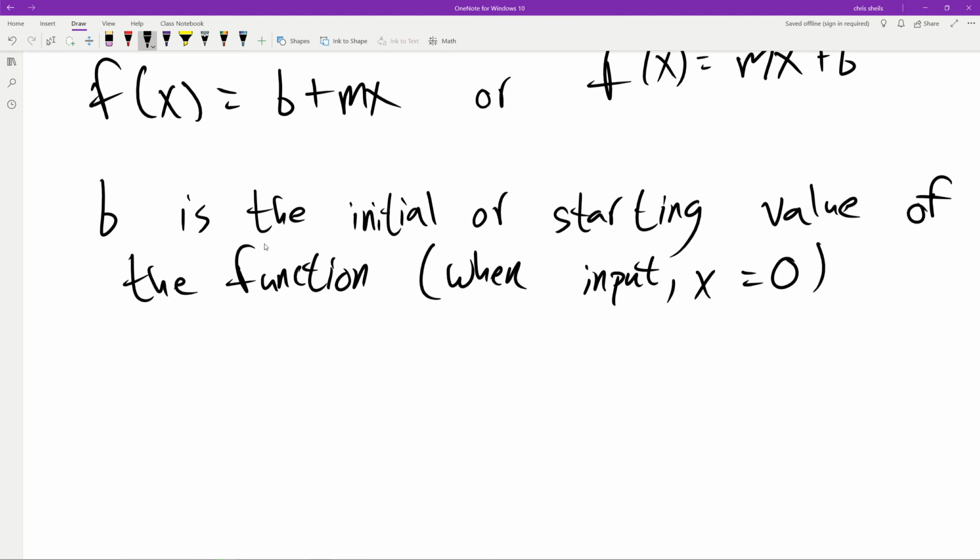And here m is the constant rate of change of the function.